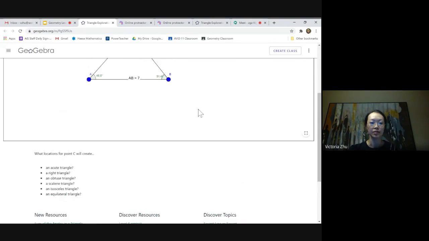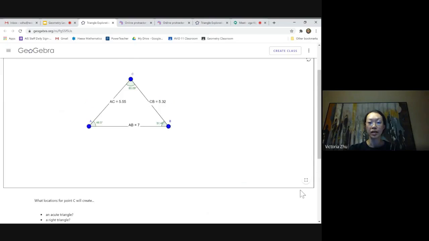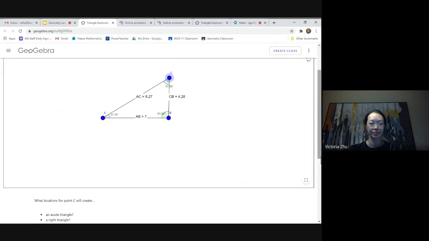If you scroll to the bottom, there are some questions here. What locations for point C will create an acute triangle, a right triangle, an obtuse triangle, a scalene triangle, an isosceles triangle, and finally an equilateral triangle? There are many different answers, so drag around C and see what locations of C will make these types of triangles.